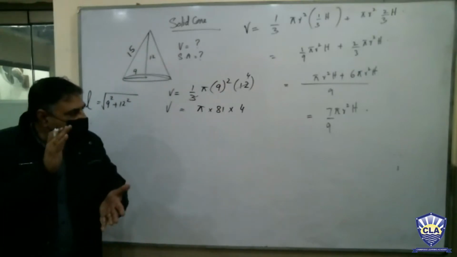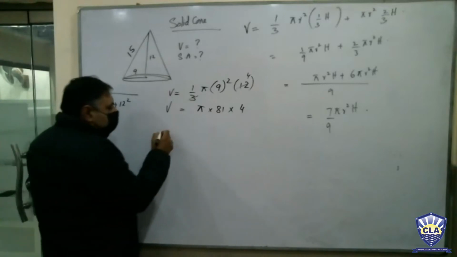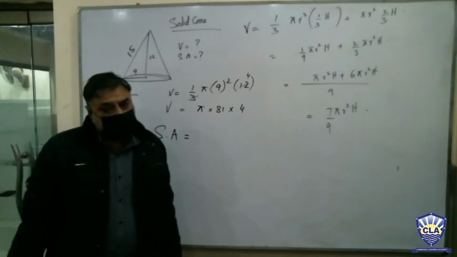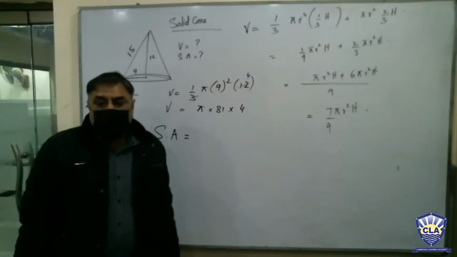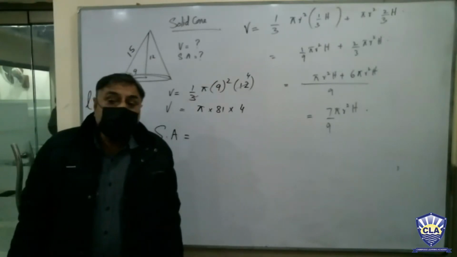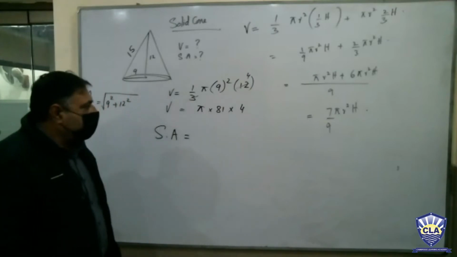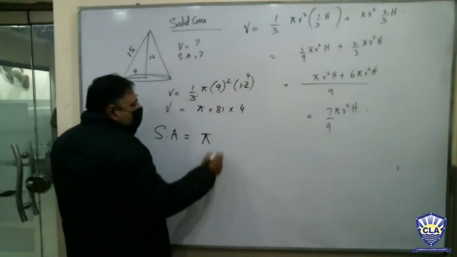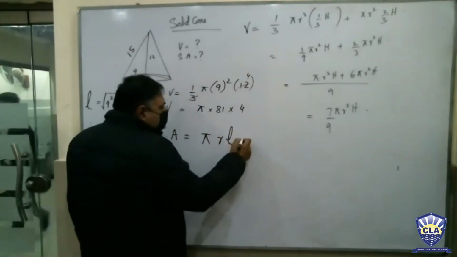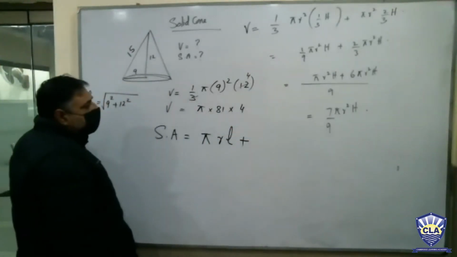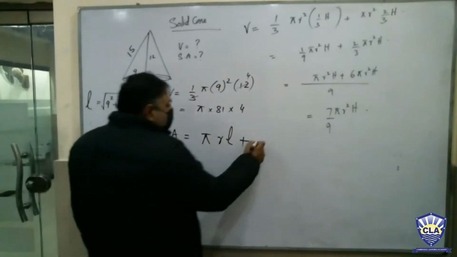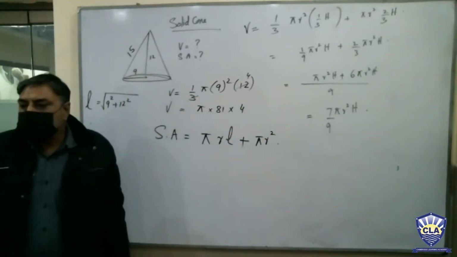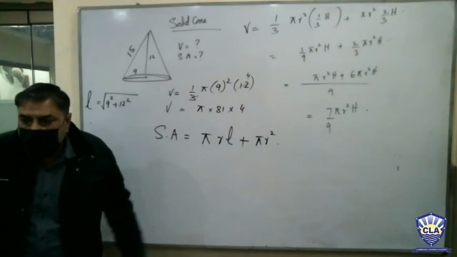Now, what is the surface area? It is a solid, and solid is given in the question. So what do I do? π r L plus π r². Why do we add this π r², the area of the circle?